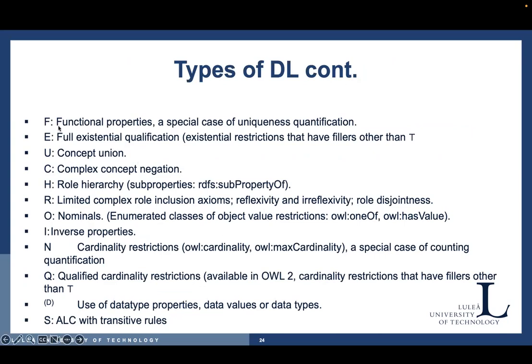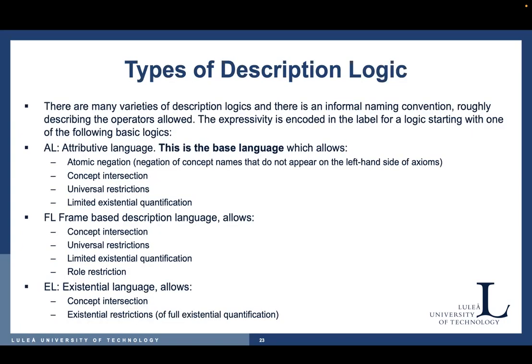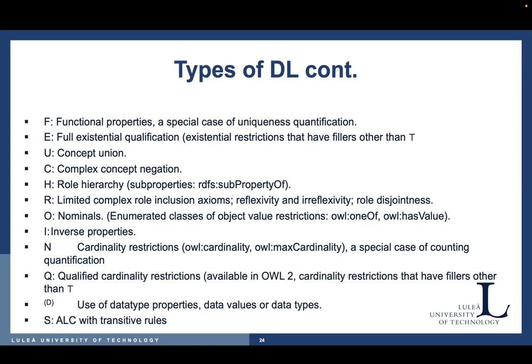And then a specific incarnation or implementation of description logic may, for example, include complex concept negation. In this case, an attribute language with complex concept negation would be called ALC logic.